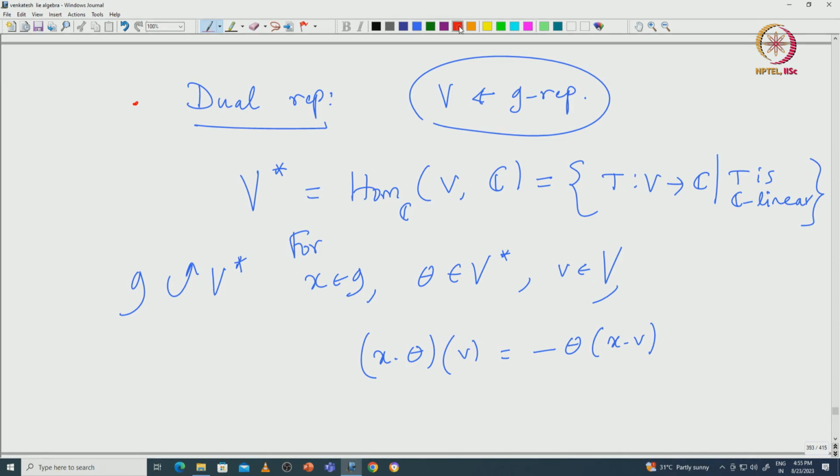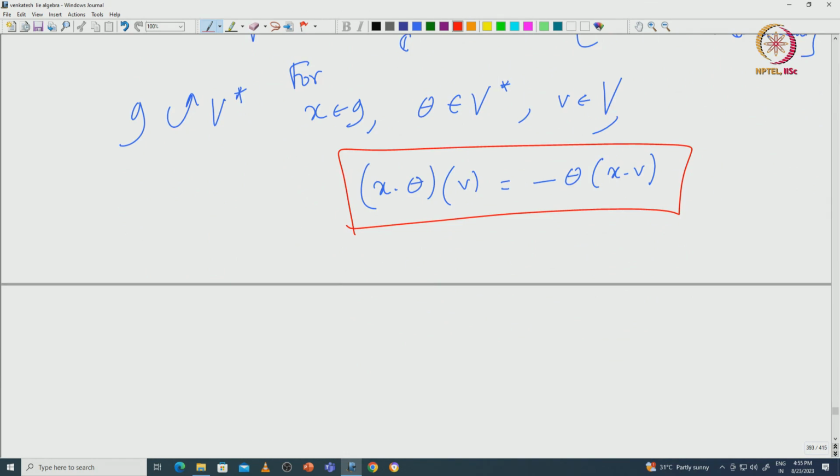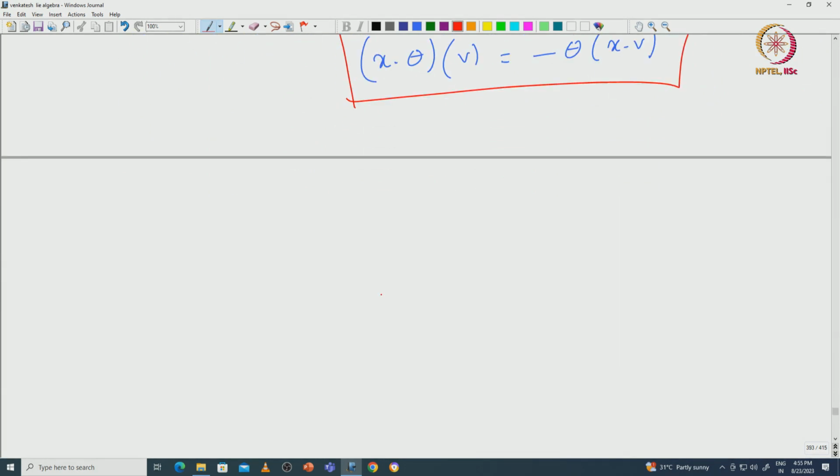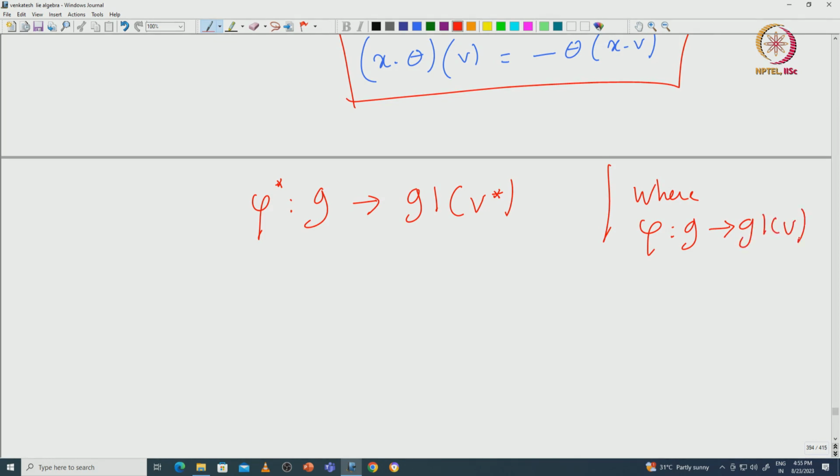Now I will check, this is the only thing I will check, that this is going to give us a G representation. We need to check that this is linear in both these variables. All those things I will leave to you to check. Basically, what we have defined is this phi star from G to GL of V star, where phi is given from G to GL of V. Then how do we define this phi star?